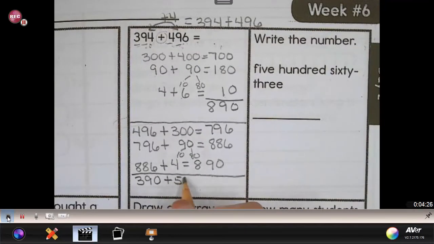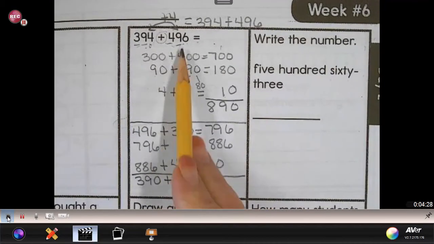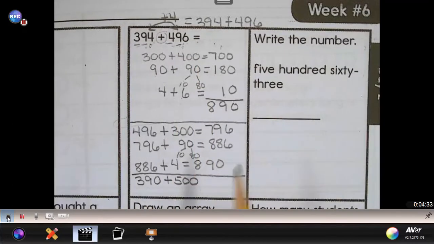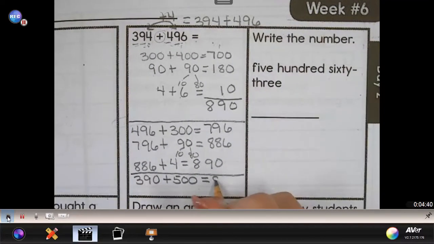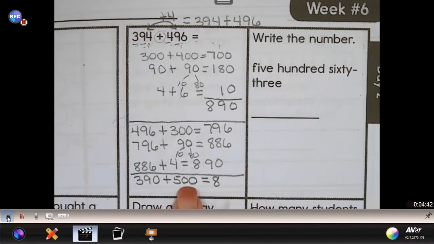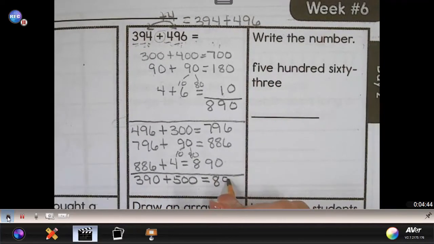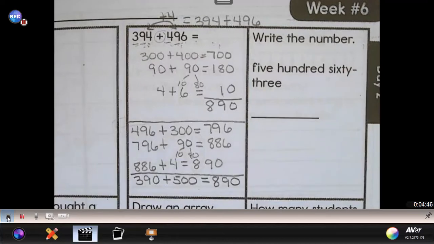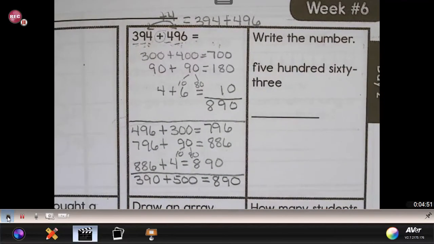And I would be adding it to 500, because now this would be 500 when I add 4 more. So I would just add 500 plus the 300s here, which would give me my 800s, and I don't have anything to add here to the 10s or the 1s, so it would give me 890. So just 3 different strategies here that you can think about when we are adding numbers, okay?